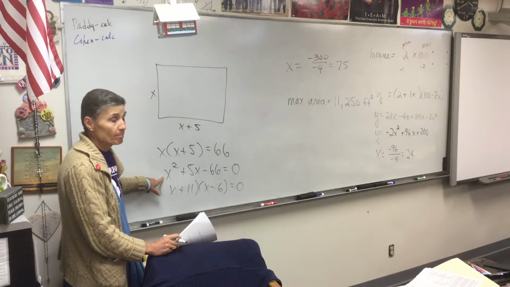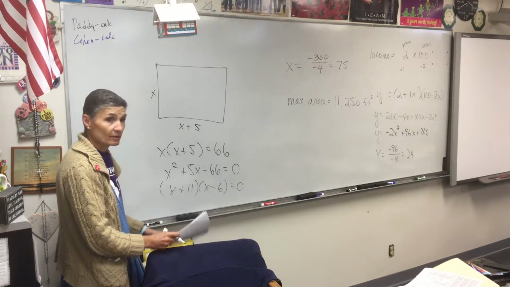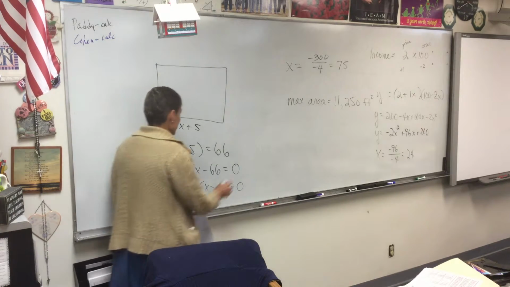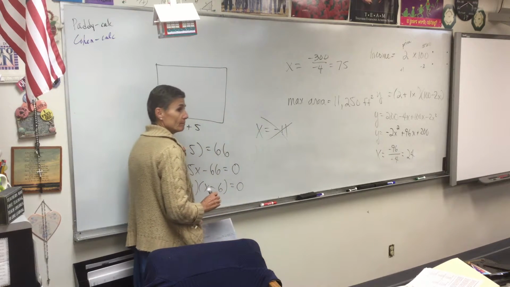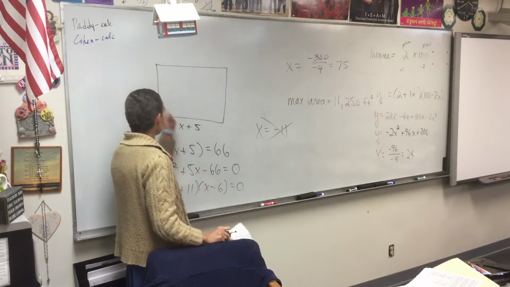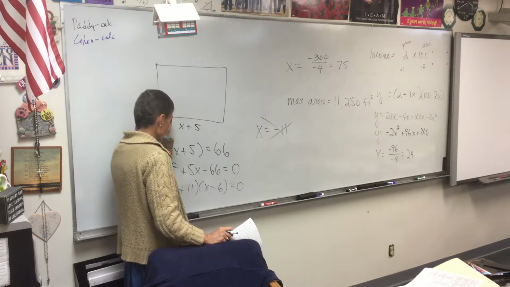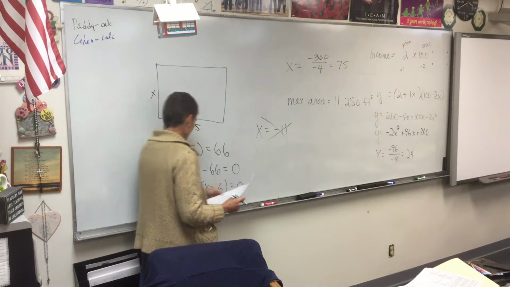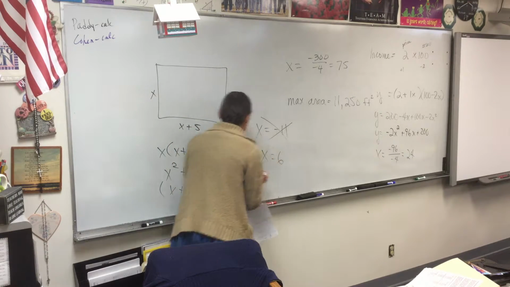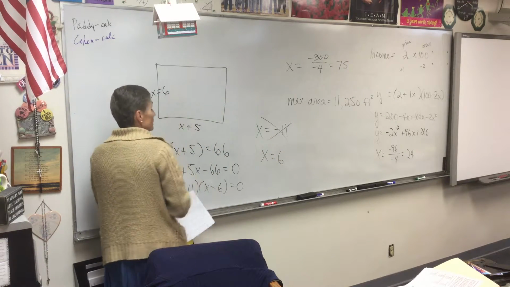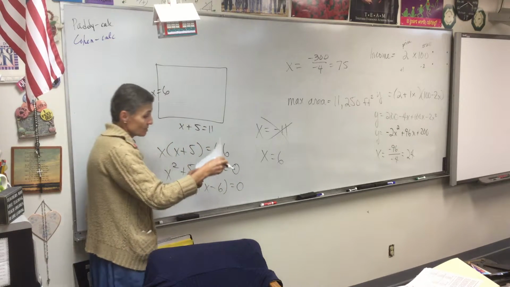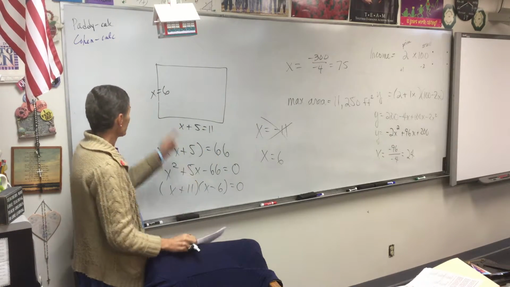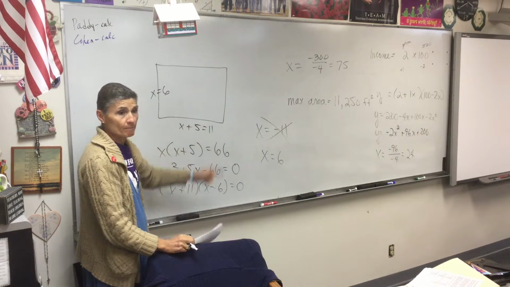Quadratic formula. Yep. So don't feel like you have to factor. So x either equals negative 11, we're going to cross that one out, right? Can x be negative 11? No. Called an extraneous root. Or x equals 6. If x equals 6, x plus 5 equals 11. So what are the dimensions of the picture? 6 by 11.